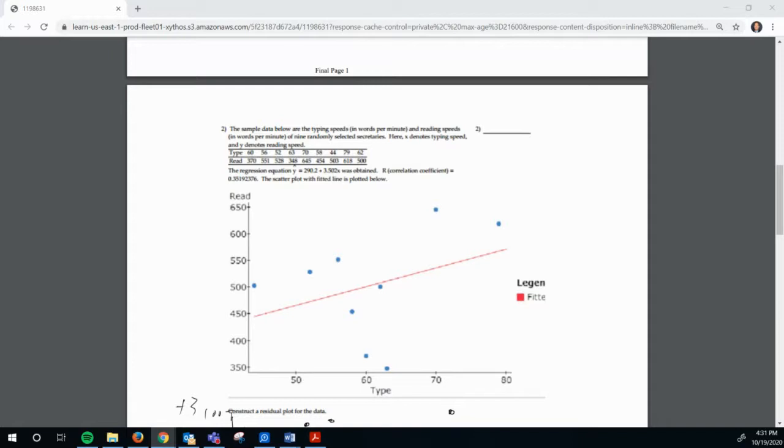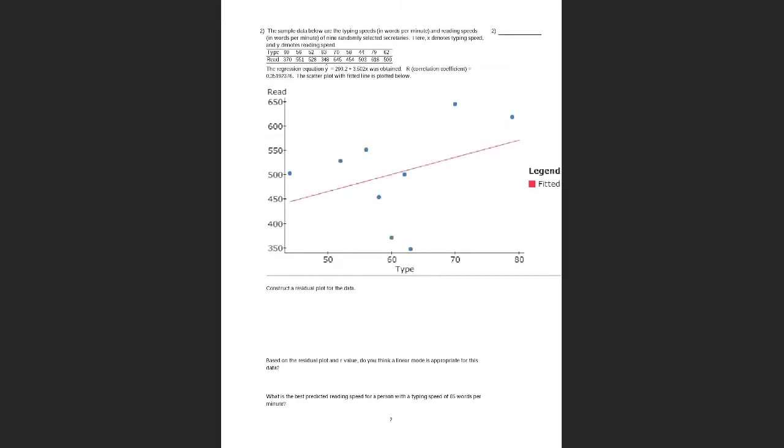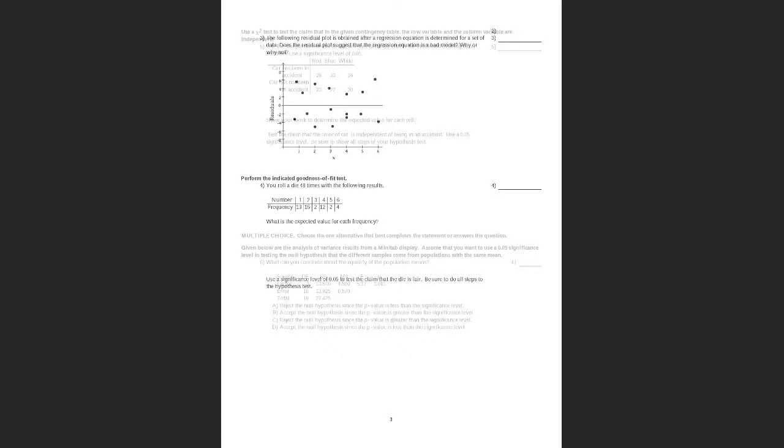Here's another supplement. I think this one can also be found on Blackboard. I'll see if there's anything on here that looks worthwhile to talk about. Here's another example of, oh, this is exactly the same as that one. See if there's anything different on this next page. Yep, that's similar. There's a residual plot. Yeah, this one's pretty much the same thing.